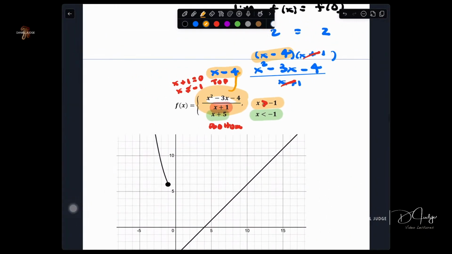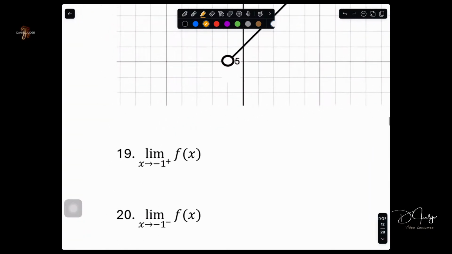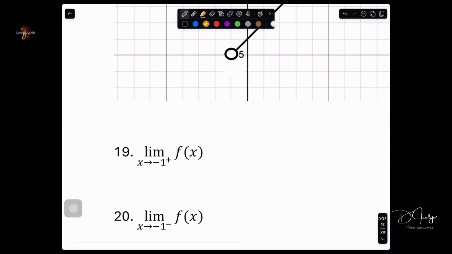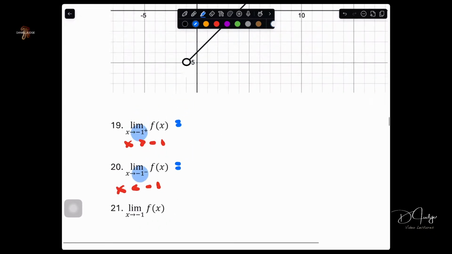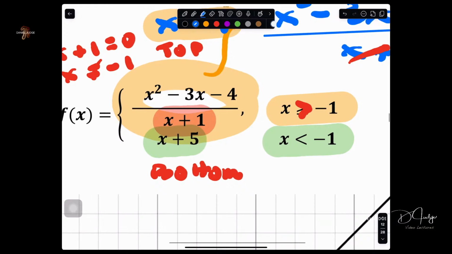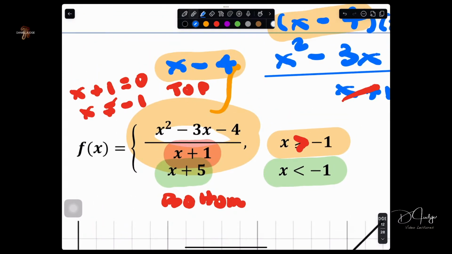So that's going to be very helpful because when you try to look at the limit as x goes to negative 1 from the right and the left here, going to negative 1 from the right means x is bigger than negative 1. X going to negative 1 from the left means x will be smaller than negative 1. So we have to know what piece we're going to use for the value of x being negative 1. So bigger than negative 1 is the top piece, which is really x minus 4.